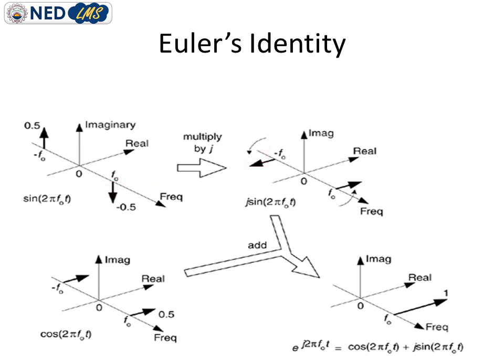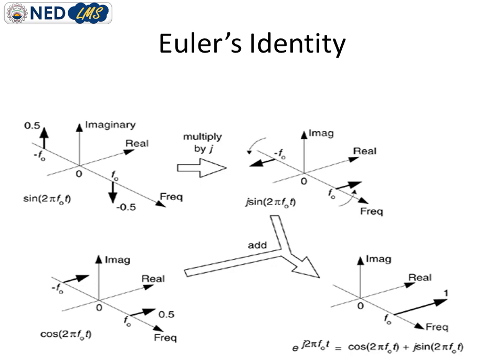And similar is the case with this second spectral line. It is multiplied with j, means it is shifted 90-degree counterclockwise. So this is basically the frequency domain representation of positive j sine 2 pi f naught t.